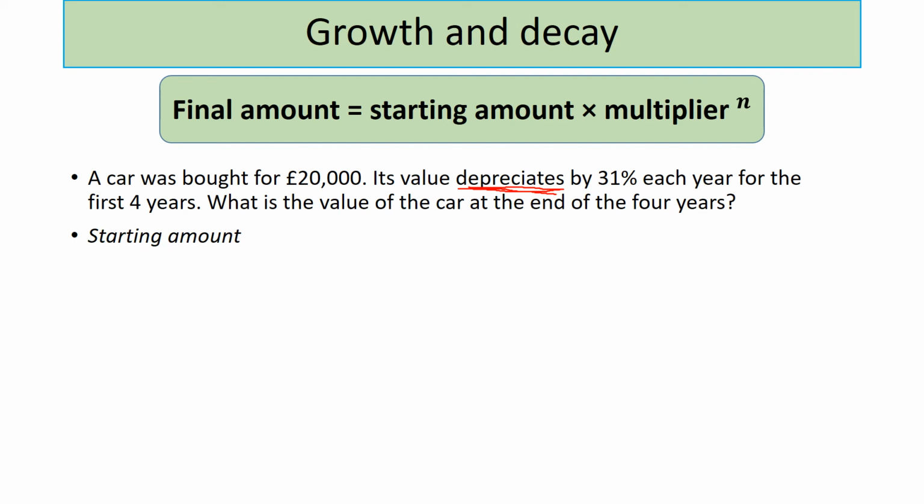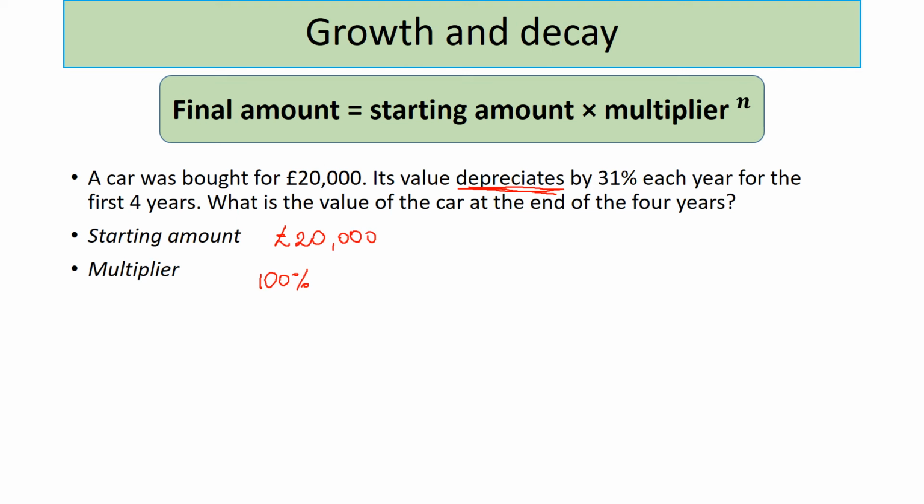So again we need to just clarify certain things. So the starting amount is £20,000. Now the multiplier, we need to find the multiplier. Remember that the value depreciates, the value goes down.